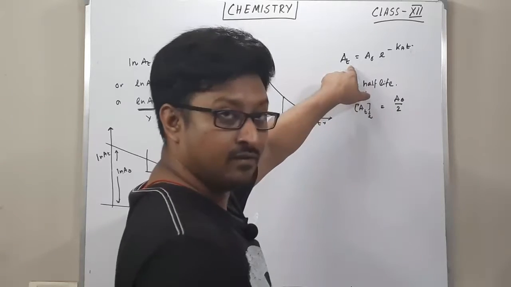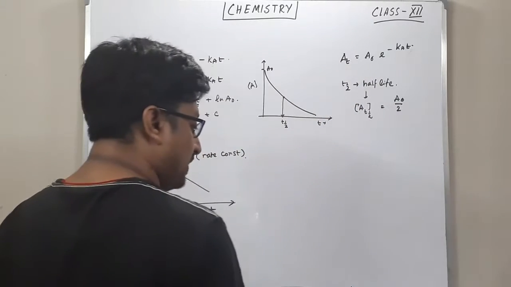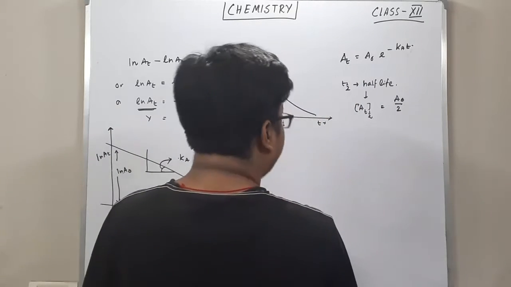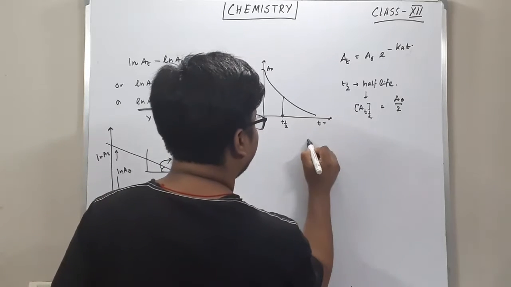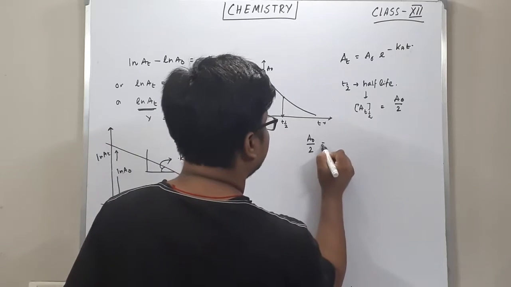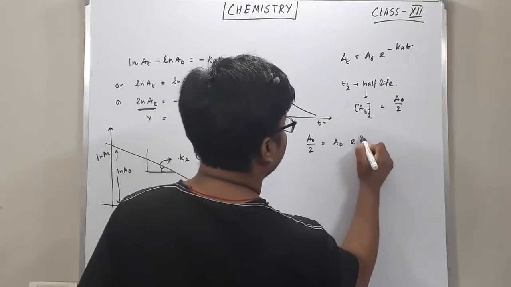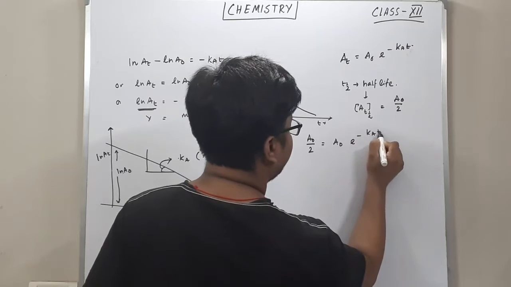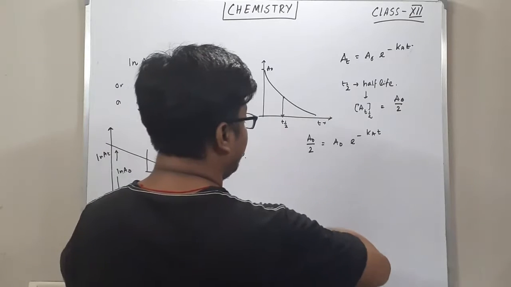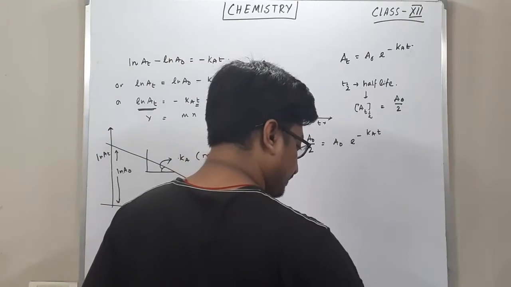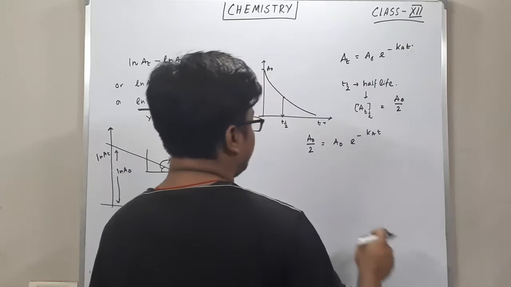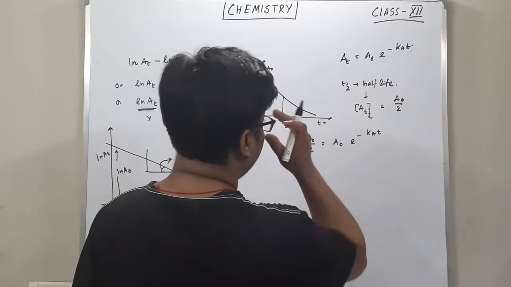Now if I substitute this value here, then what will I get? I will get A0 by 2 is equal to A0 into e to the power minus Ka into t.